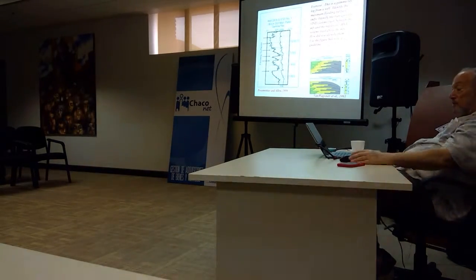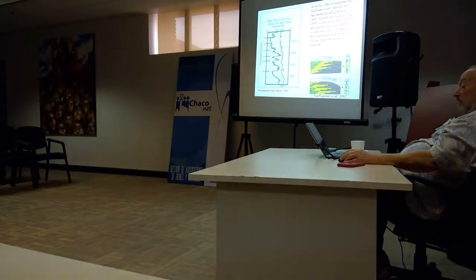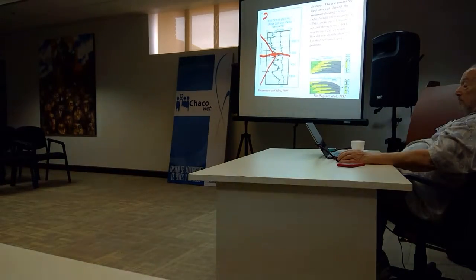You've successfully shown that we've got two systematic scales: transgression, regression, and the maximum flooding surface, which is the point where it turns around. That's at the third order scale.